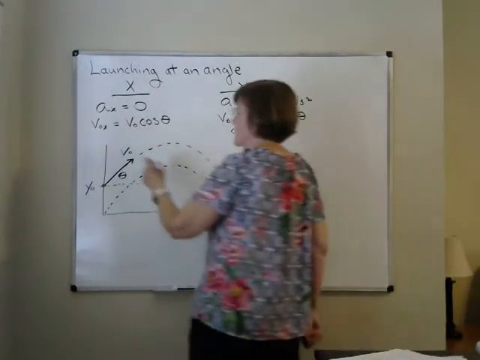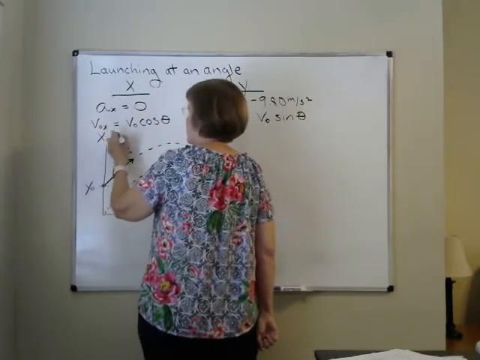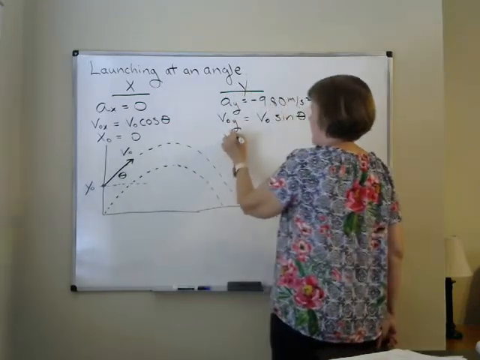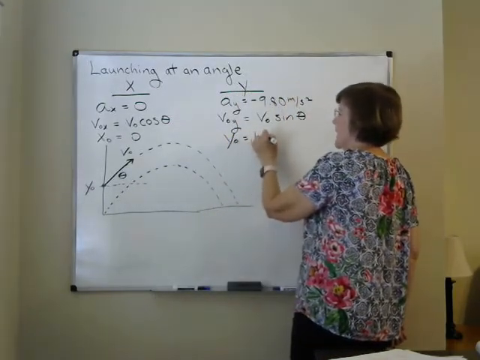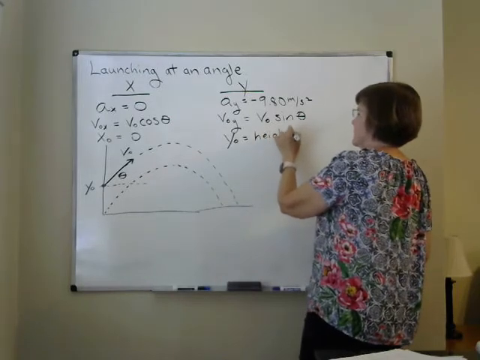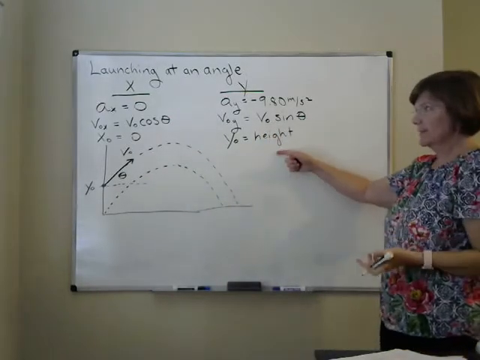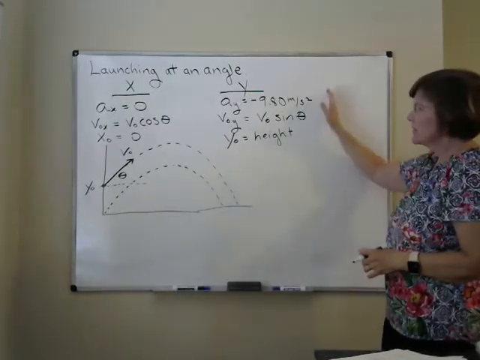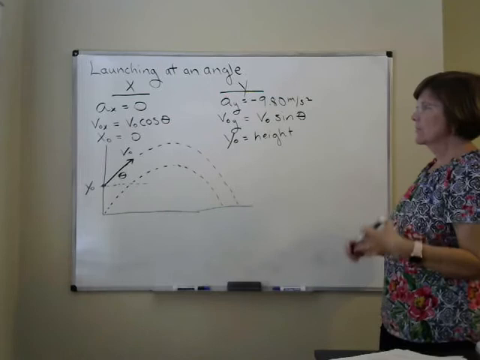Usually we still have these problems set up where we consider the initial horizontal position to be 0, and y0 is the height. That could be from the ground, it could be 0, it could be up on the top of the roof, we really don't know. But those are what our initial conditions are going to look like.